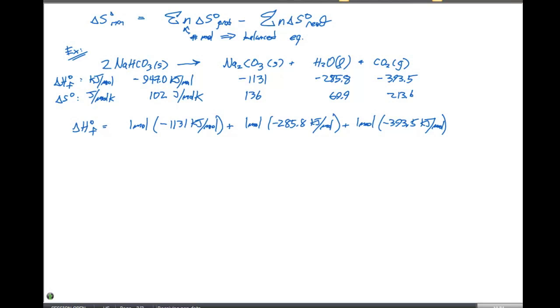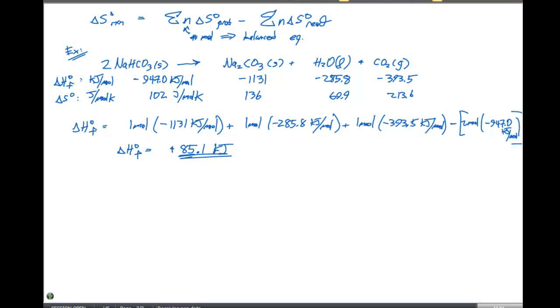This is going to be minus all of our reactants, which is going to be 2 moles times negative 947.0 kilojoules per mole. If we go through and do the math, our delta H naught of formation is going to equal positive 85.1 kilojoules.